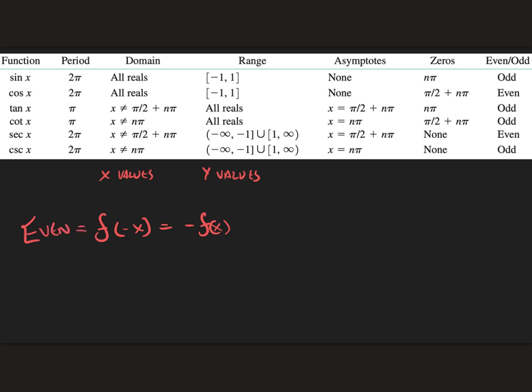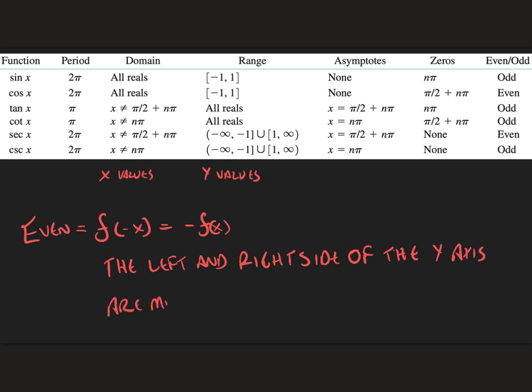Graphically, the left side and right side of the y-axis are mirror images. So it has symmetry about the y-axis. That's what an even function is.